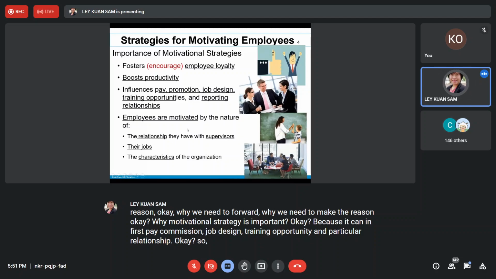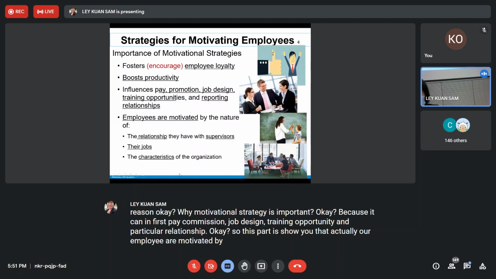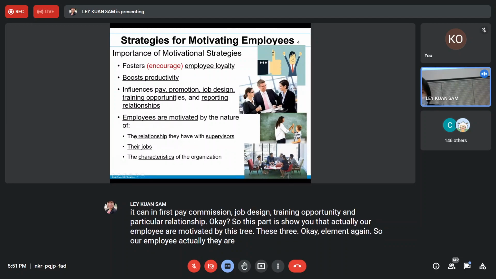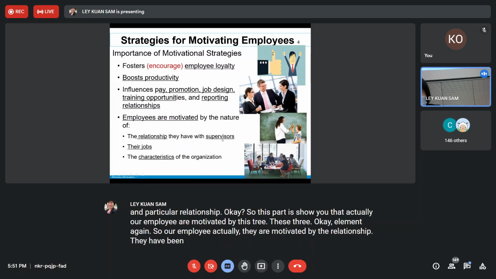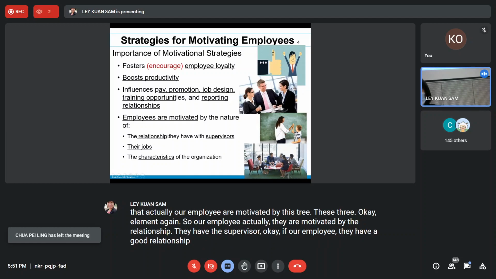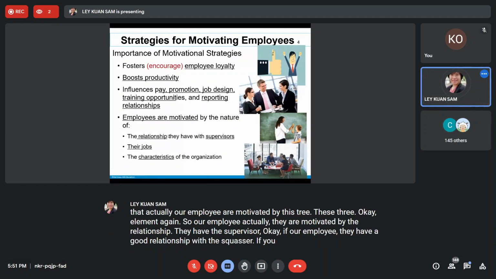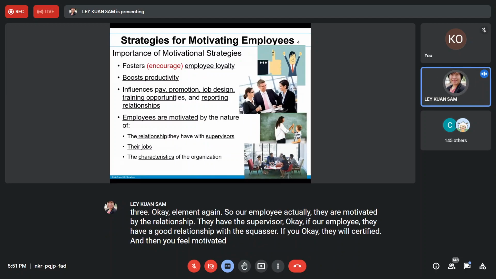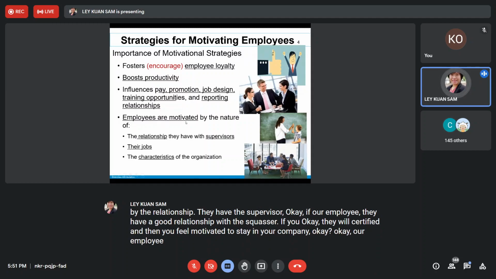So this part shows you that our employees are motivated by these three elements. Our employees are motivated by the relationship they have with their supervisor. If they have a good relationship with the supervisor, they will feel happy, satisfied, and motivated to stay in your company. Employees are also motivated by the job.